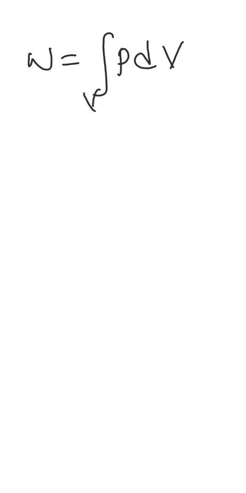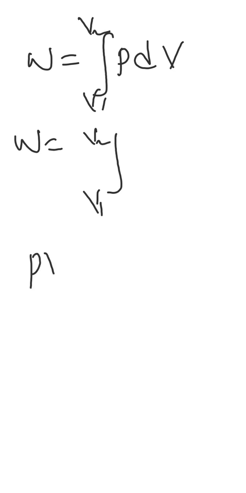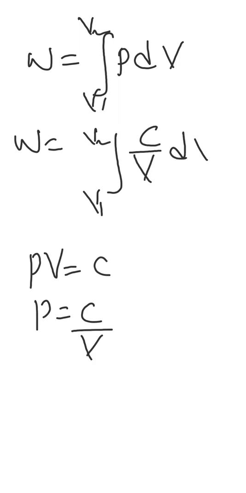Now we will derive the work done for the isothermal process. Again, the formula is the same. Now we know that in an isothermal process, pressure into volume is constant. So pressure can be expressed in terms of volume, like this.